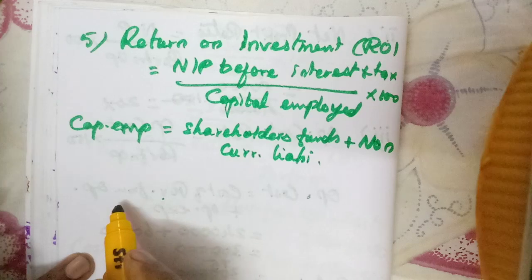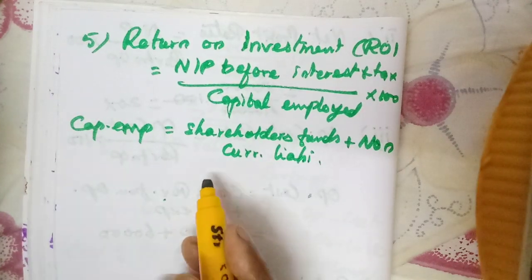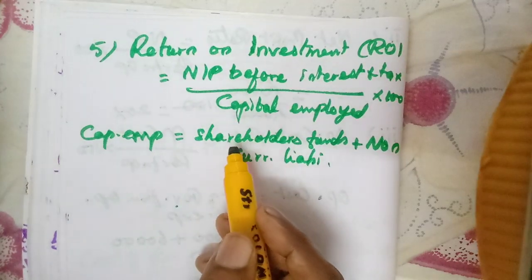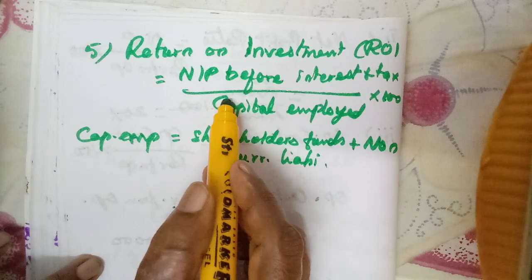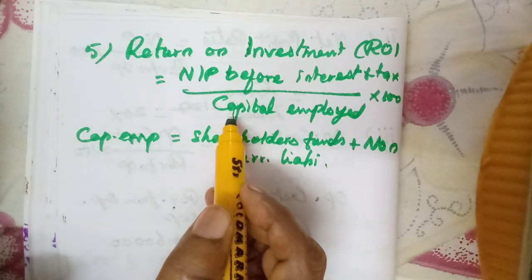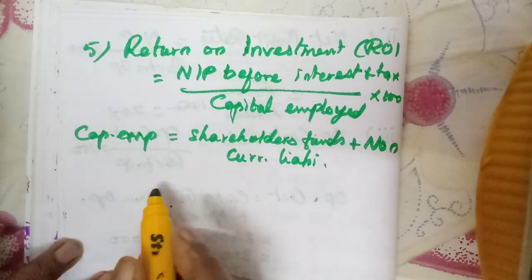That is called capital employed. Here we are calculating how much capital employed is used to make the profit. If the ratio is more, that means the organization is employing the capital in a good manner.